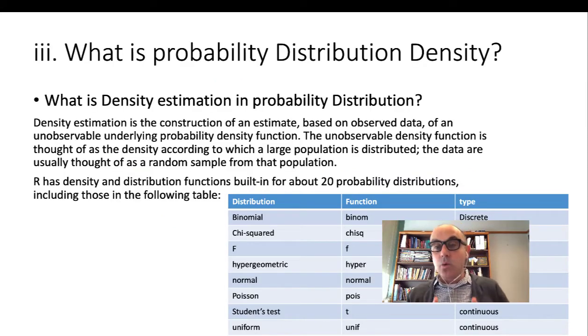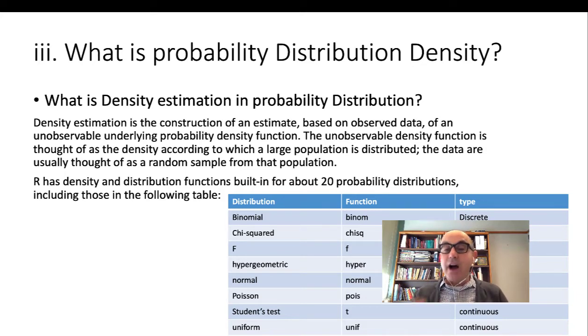So let's start with R and how R treats that in that sense. One of the things that we have is different types of distribution, and we have binomial, normal, Student's t-test, uniform.